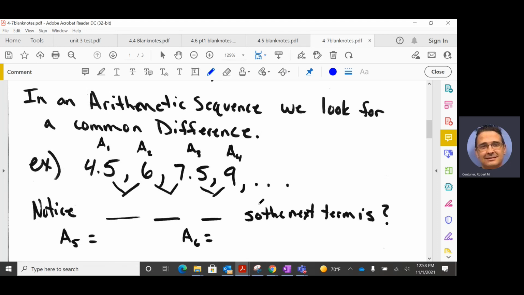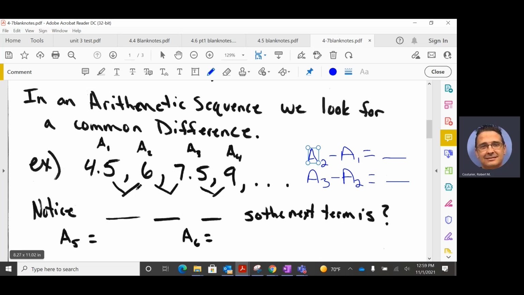So the easiest way to find our common difference is you'll take a sub 2 minus a sub 1. Then you can take a sub 3 minus a sub 2. Test a couple of them. If you get the exact same number, you have what's called a common difference.